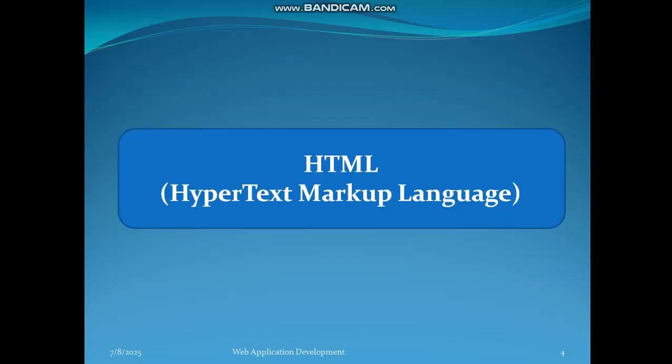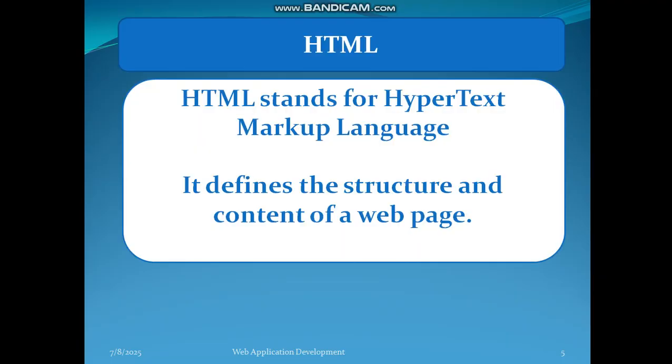Front-end development involves different technologies. The most essential one is HTML, which stands for Hypertext Markup Language. HTML provides the structure and contents of a web page. It's like the foundation of a house.